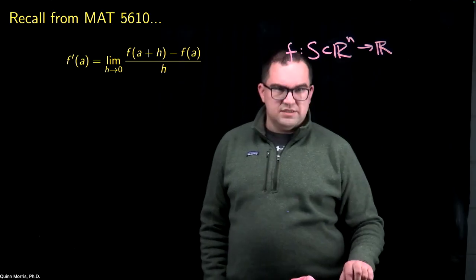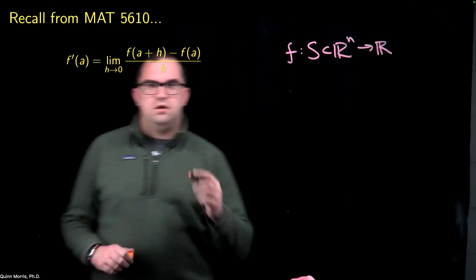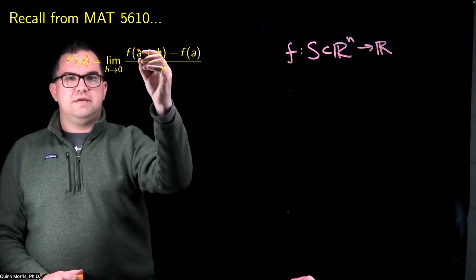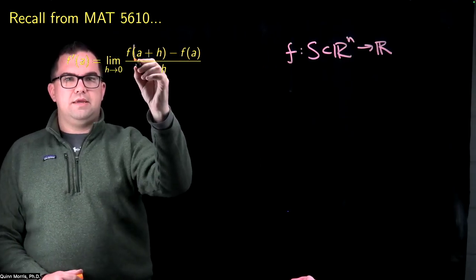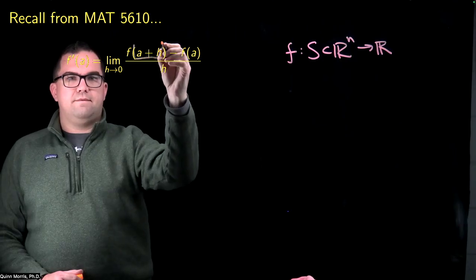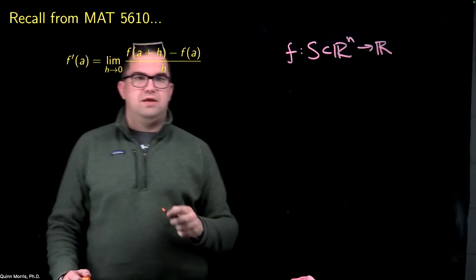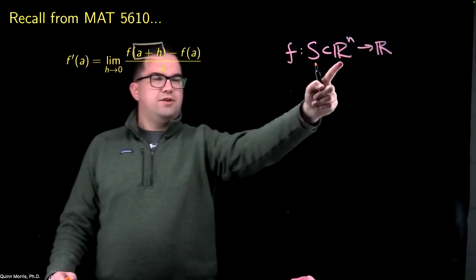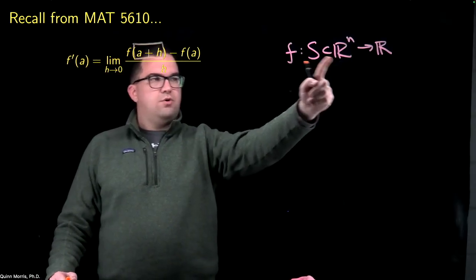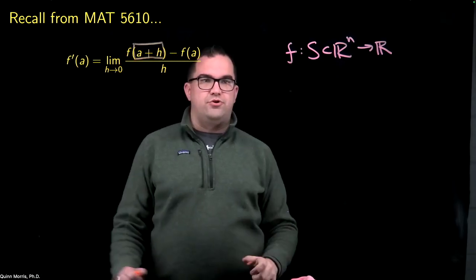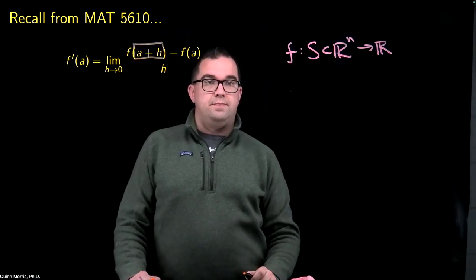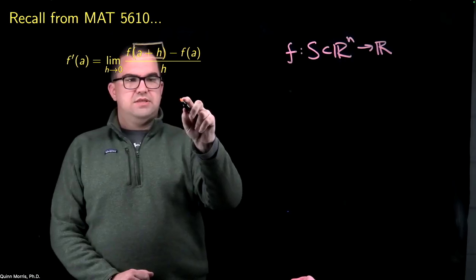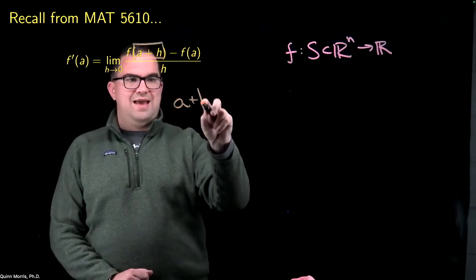So if I look at this expression, the first thing I notice is that I'm going to have a problem here. Here I have a plus h, but this a should be something in my domain, so a is going to be a vector in R^n. So the question becomes, what to do with h?